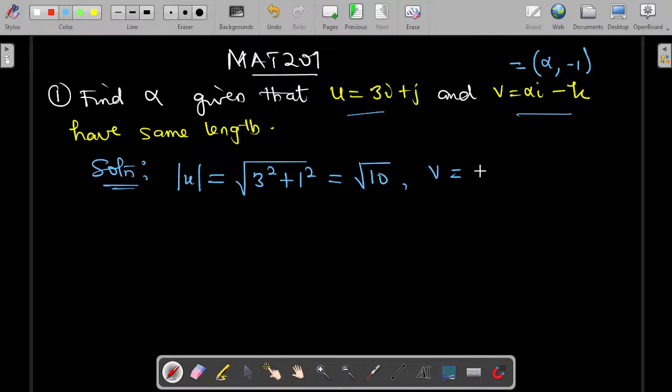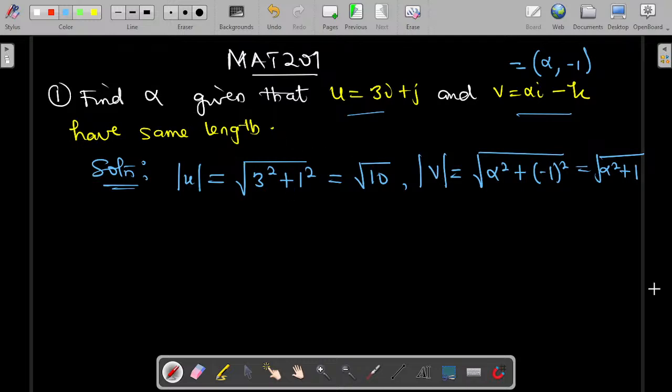So this is going to be the square root of alpha squared plus the square of minus 1, which is the square root of alpha squared plus 1. Okay, so that means we have gotten the length of v. Remember to put the absolute value there.